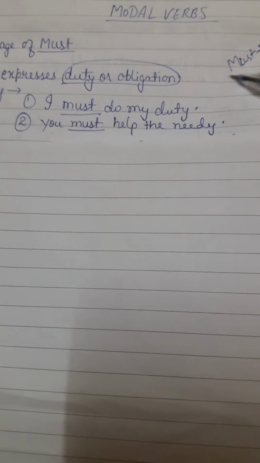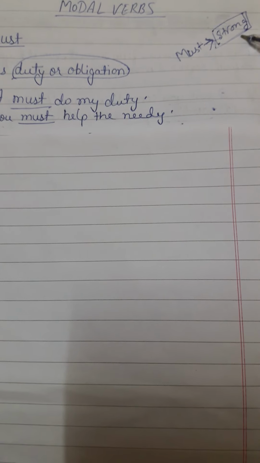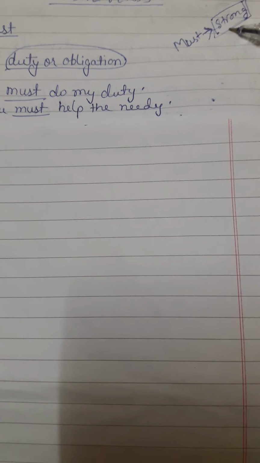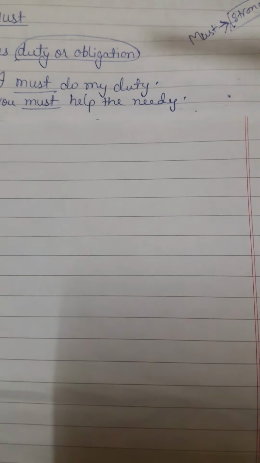So whenever you see must in a sentence, you can analyze a strong sense of what it can be: a strong sense of duty, of advice, of order, whatever. I will tell you later on with the other uses. Whatever you are seeing, the usage of must will always express a strong sense of something. Here, a strong sense of duty.